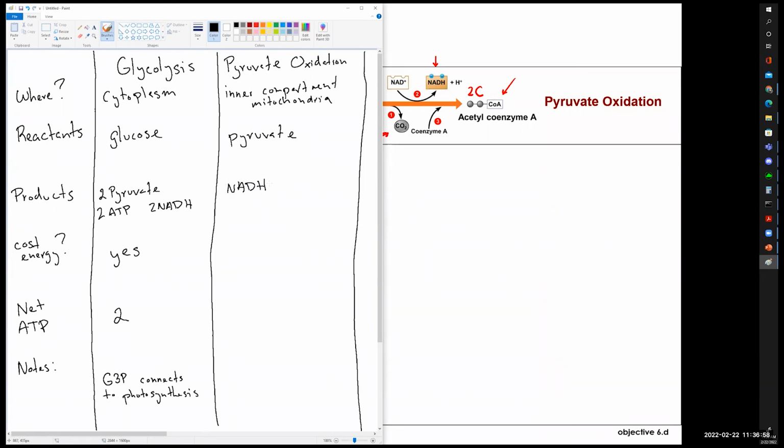It's step 2. We're going to make some carbon dioxide, and we're going to make acetyl coenzyme A. There's no ATP involved, so it doesn't cost us anything, and we don't make anything. And there are no notes. Nothing fancy happens here.